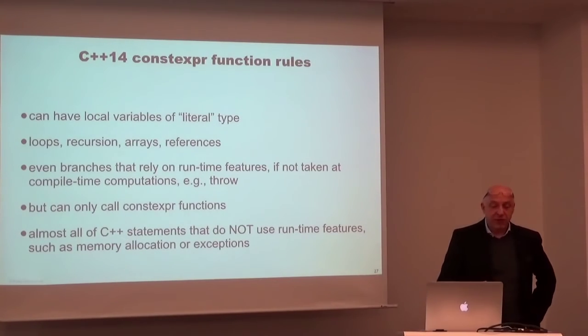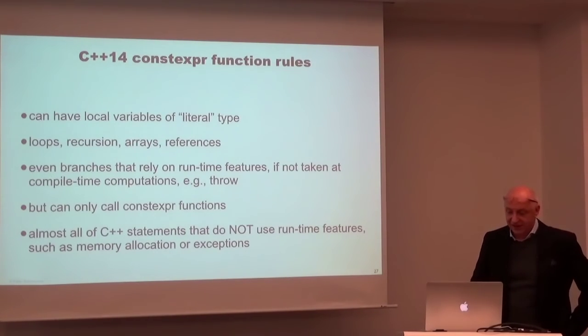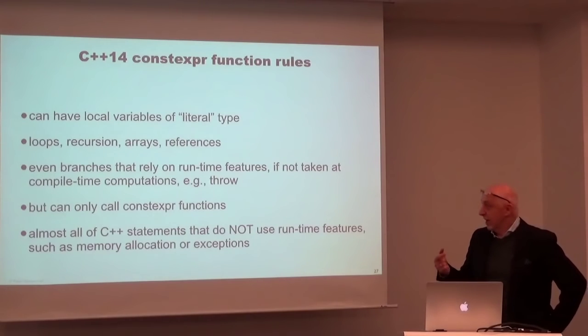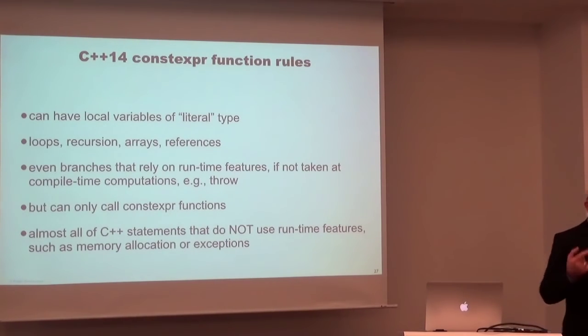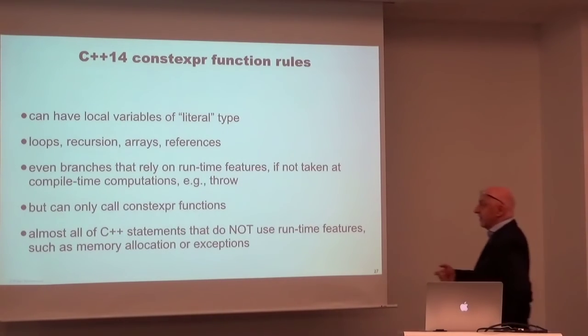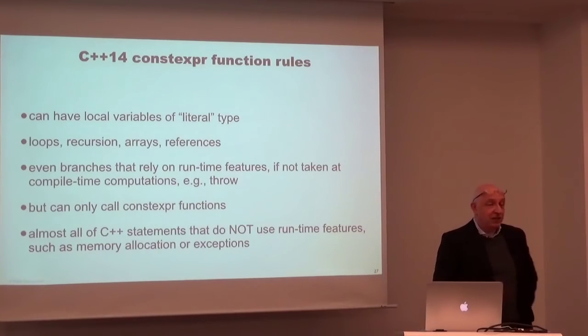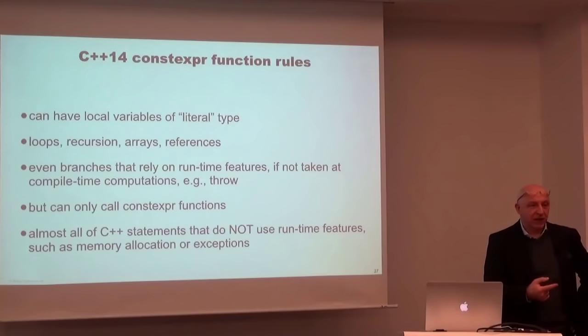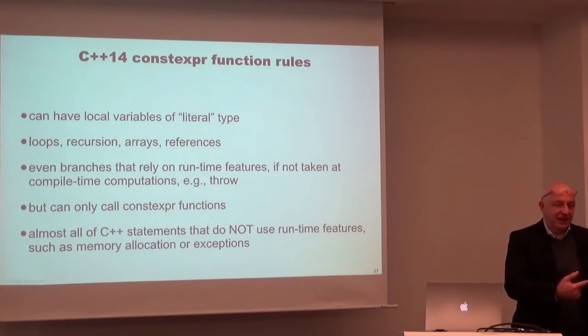We have loops, we have recursion as always, we have arrays, we can have references. We can even have branches that rely on runtime features if they are never taken at compile time. And some people use that to prohibit calling such a constexpr function at compile time, because constexpr functions, because of the limitations, might have a bad runtime behavior.